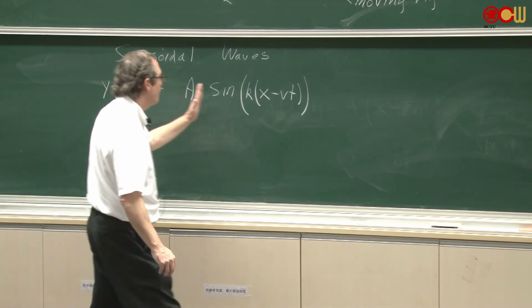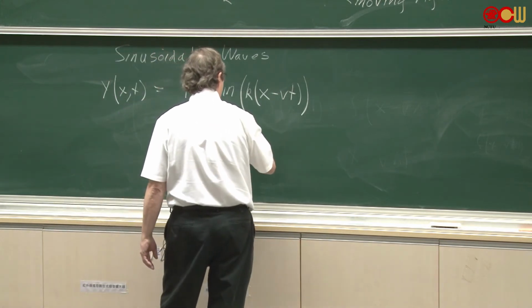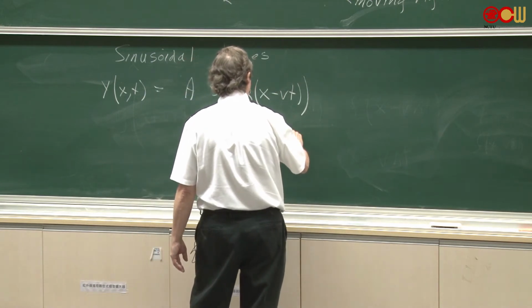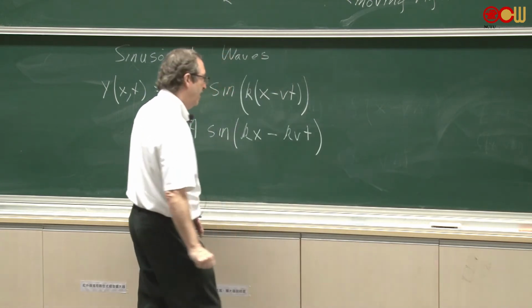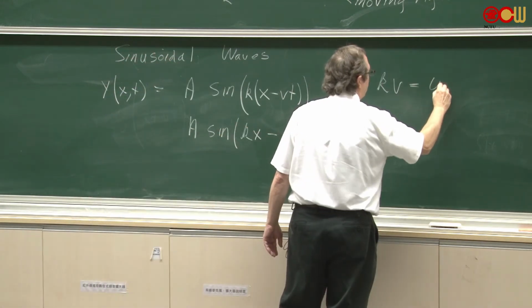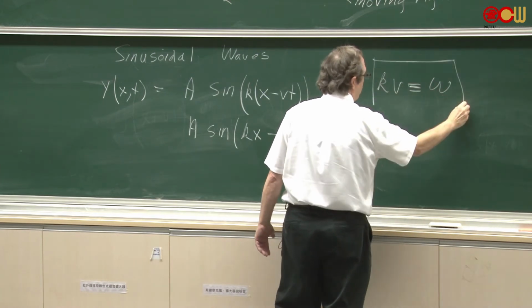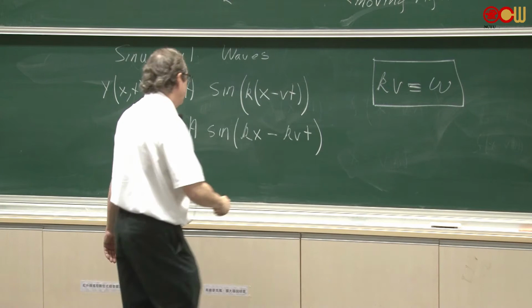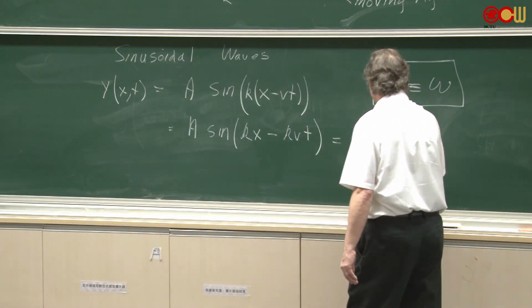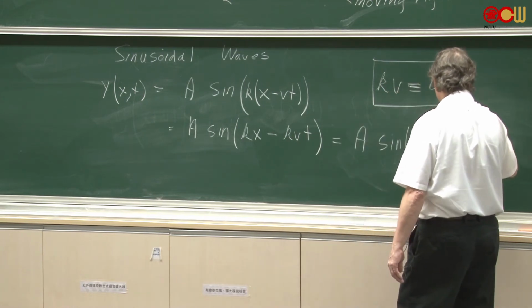I'm going to multiply through by k, and I get sine kx minus kv. And I'm going to define this kv equal to omega. And we'll see in a minute what that means, why I do that. So then I get this equals A sine kx minus omega t.